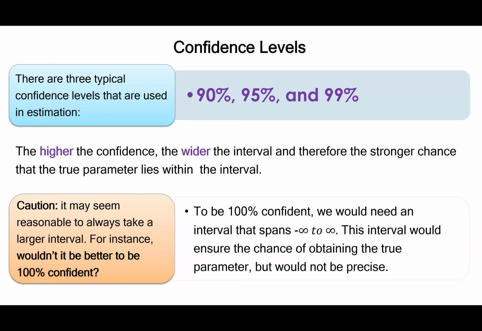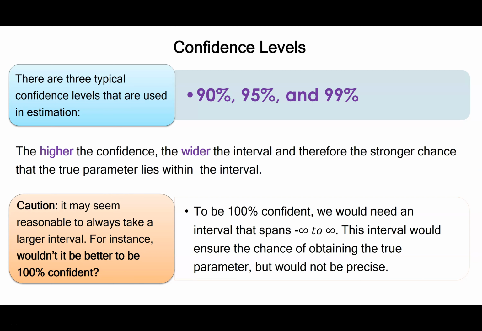Things to know: the higher your confidence gets, the more likely it is that intervals made this way will have the true parameter or true mean or whatever you're trying to capture in there. But it makes the interval wider. So yes, it's more likely that randomly sampling and calculating a confidence interval has the actual mean in it, but it is wider. So, absolutely, it's a trade-off.